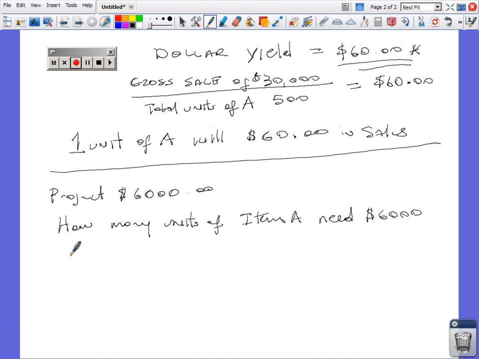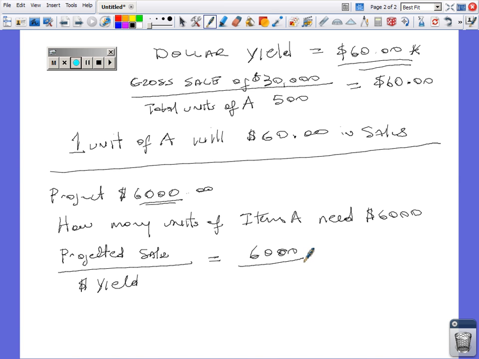Our projected sale divided by our dollar yield, which would substitute to be our 6,000 divided by, again, our dollar yield of 60, and we get 100 units of A. And that covers that.